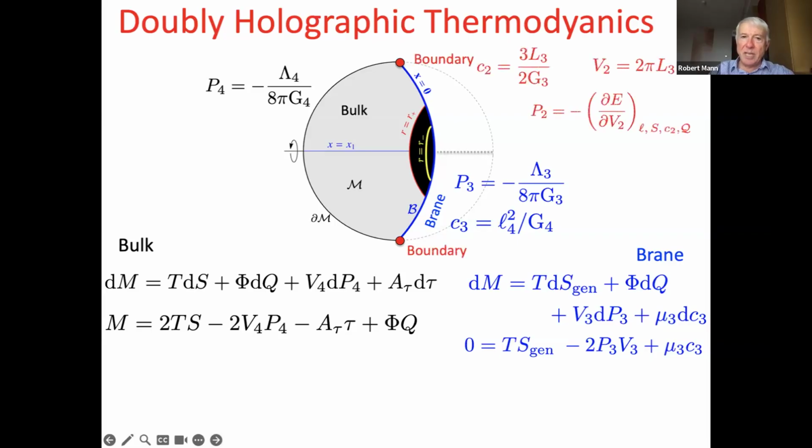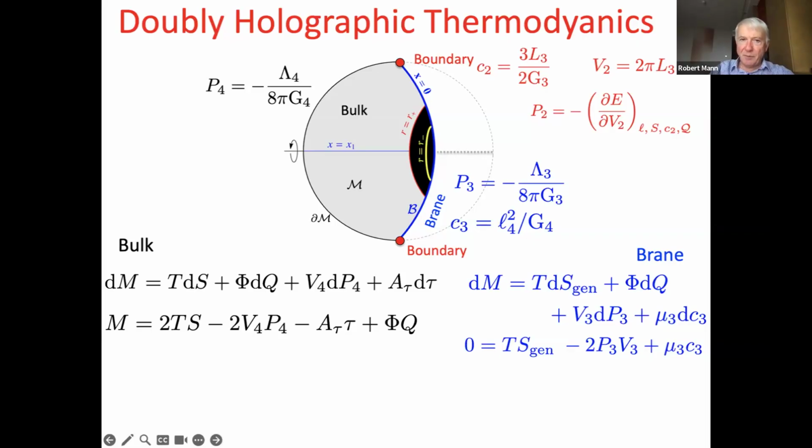And then finally, we have the defect CFT on the boundary where the brane slices the bulk. And this CFT has a central charge and a volume related to the L3 constant of the brane, and there is a conjugate pressure. Rather, the volume is easy to calculate.